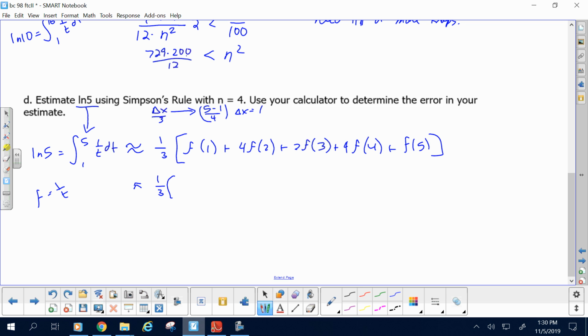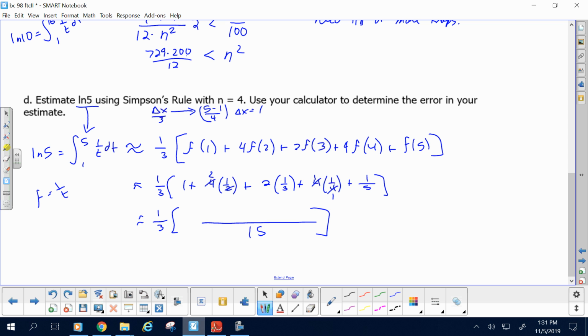All right, so what is f at 1? 1. What's 4 times f at 2? It will be 2. What is 2 f at 3? 2/3. What's 4 f at 4s? 1. And what is f at 5? 1/5. What is my common denominator? 15. Okay, so 1/3 of.